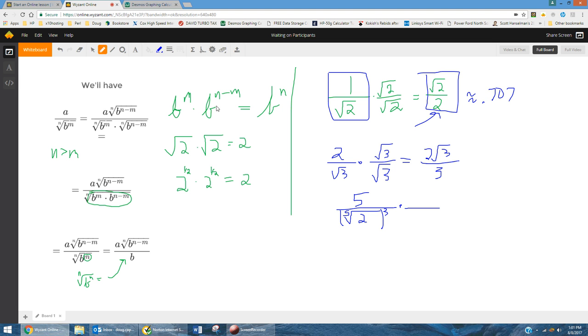And this is much easier to see if you put the radical in exponential form. So this is the same as 2 to the 3/5.